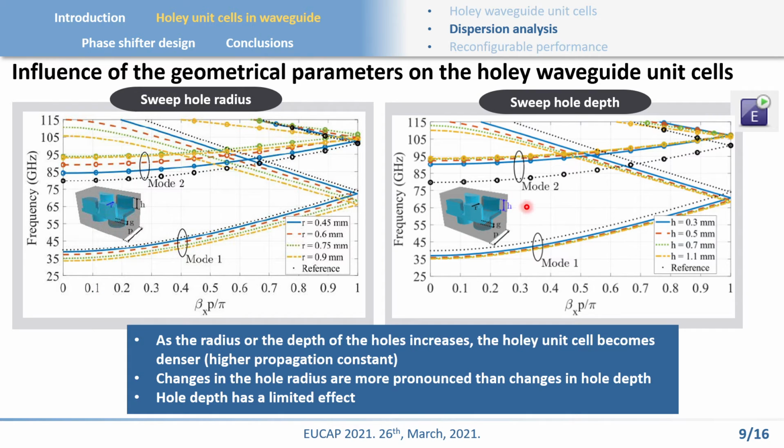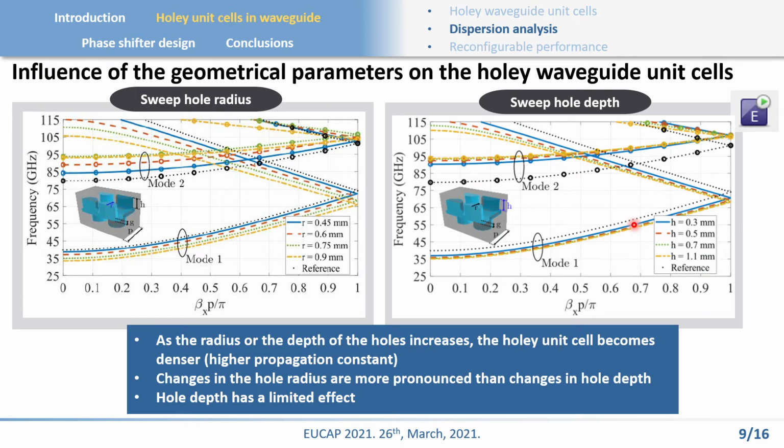Comparing the effects of both parameters in the dispersion diagrams, the first detail that can be appreciated is that both radius and depth of the holes produce a denser Holey unit cell when they increase. Regarding the mode 1, the fundamental mode, it goes lower as this parameter increases. It is important to note that the modification of the parameter is still preserving the parallel behavior.